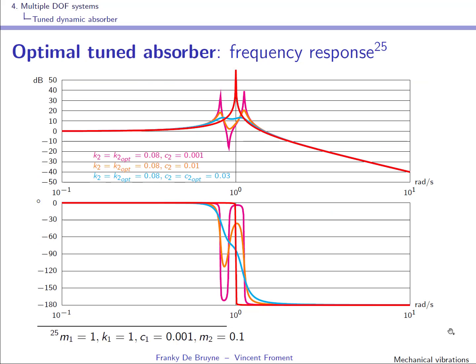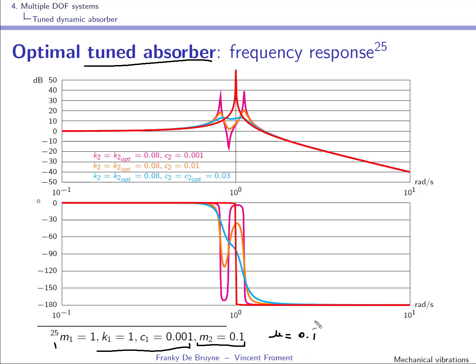Okay, so here we have an example of this optimal tuned absorber. Okay, so again I use exactly the same first primary mass spring system, and I have decided that I want to use a mass m2 which is 10% of the mass m1, so it's mu equals 0.1.